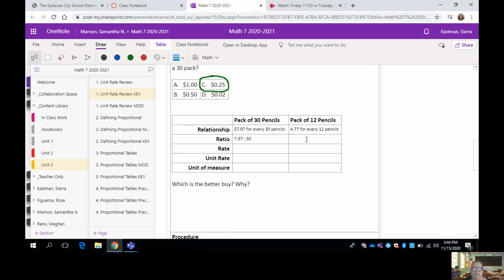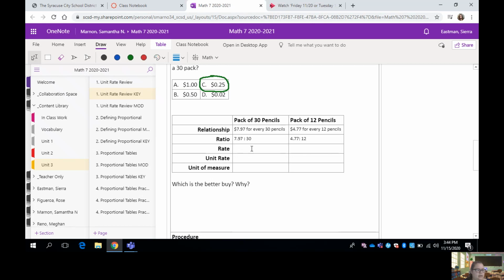And I think you guys can fill this one in as well. Okay, we have $4.77 to 12 pencils.